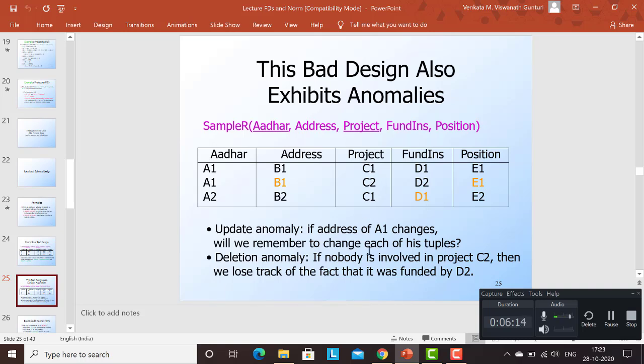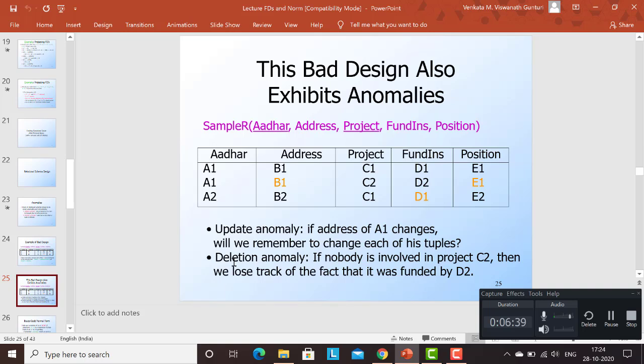But if there are no faculty working on this project C2, then if you delete this tuple, you would also lose the information that the project C2 was funded by funding institution D2. So this piece of information gets deleted when you delete the information that A1 no longer works in C2.